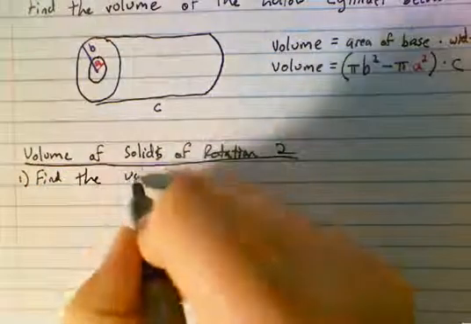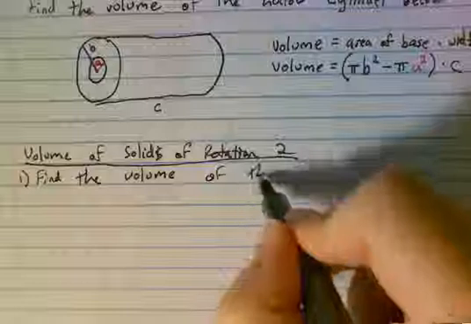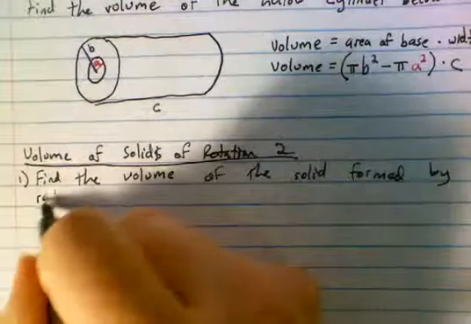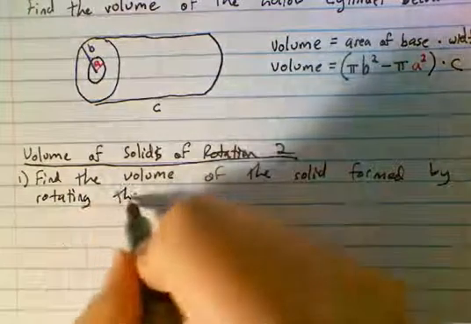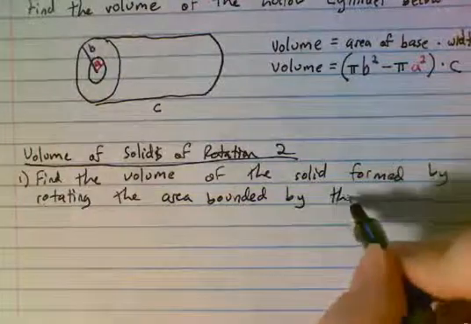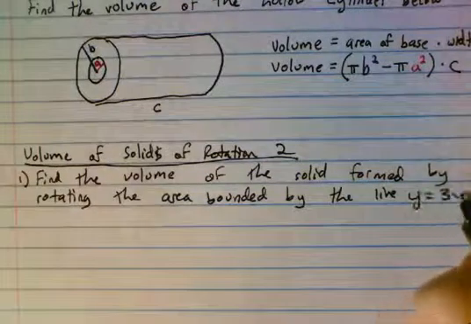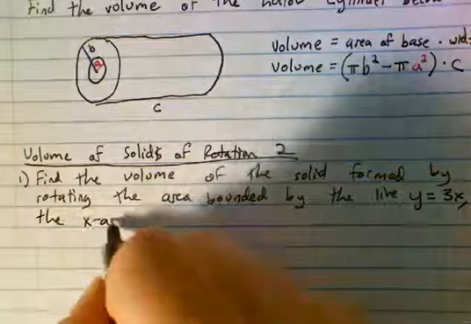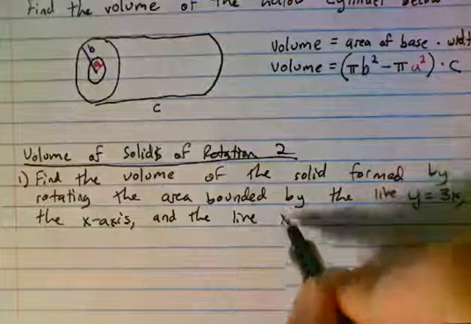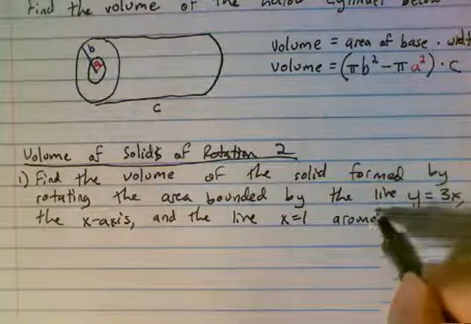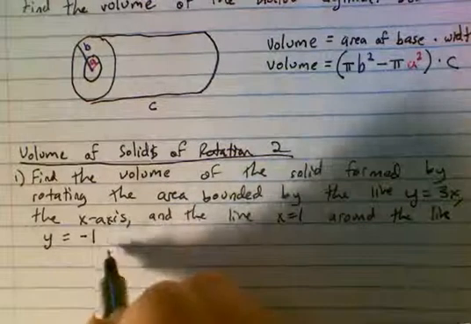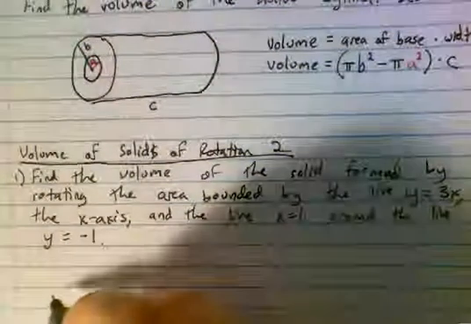Find the volume of the solid formed by rotating the area bounded by the line y equals 3x, the x-axis, and the line x equals 1 around the line y equals -1.